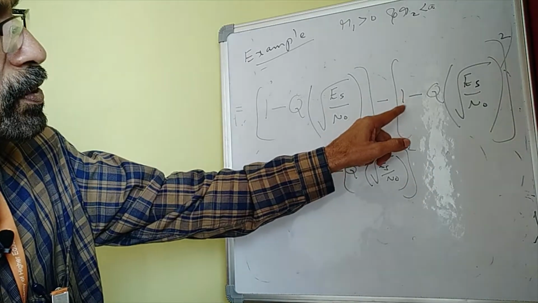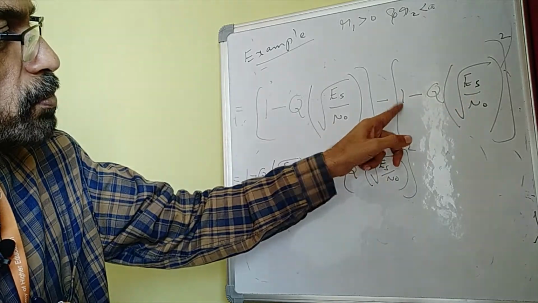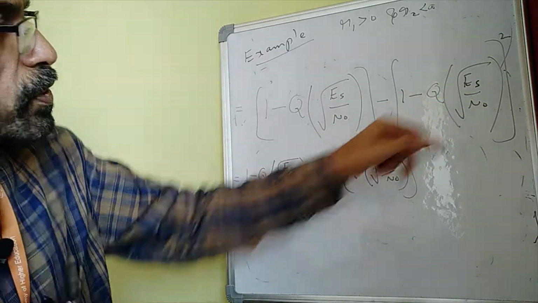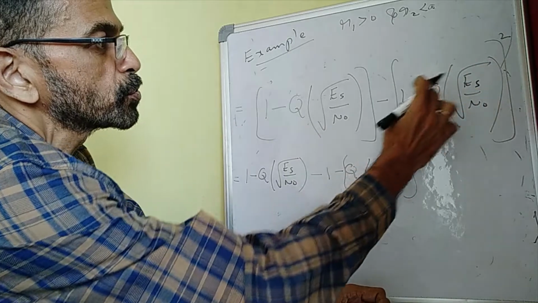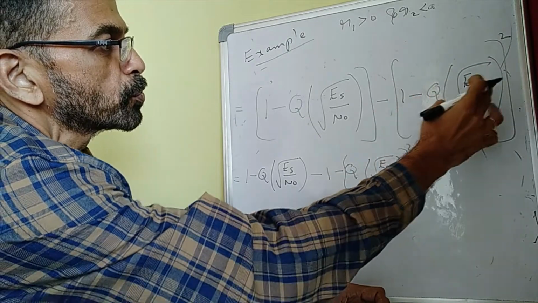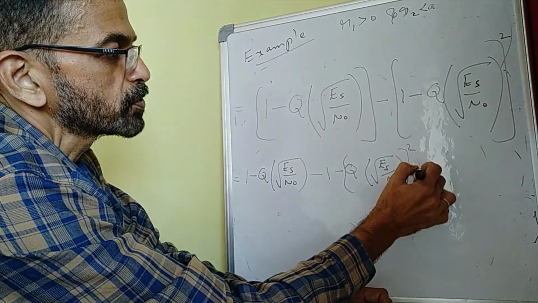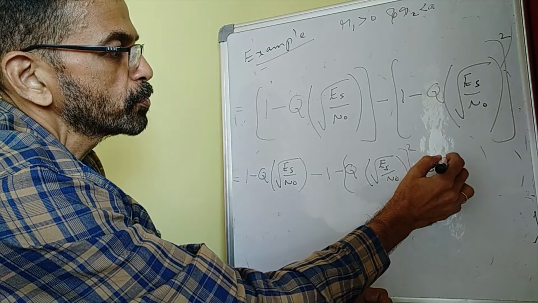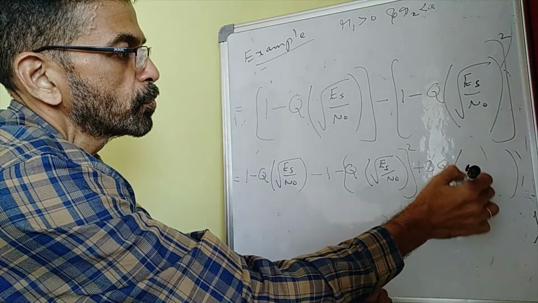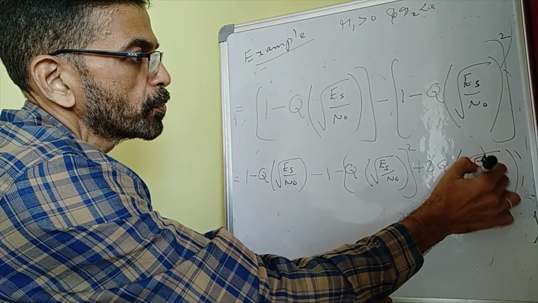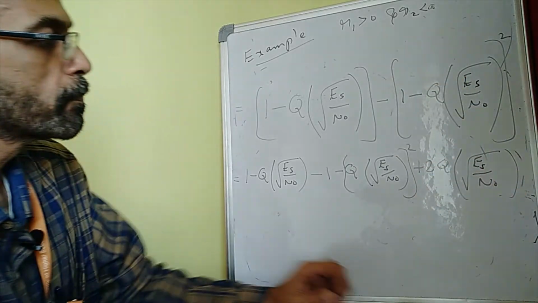So it is 1 plus the square of this, the negative sign makes it minus 1, and minus the square of this, and then we have minus 2 into 1 into Q, that the negative sign makes it plus 2Q of root Es by N naught.